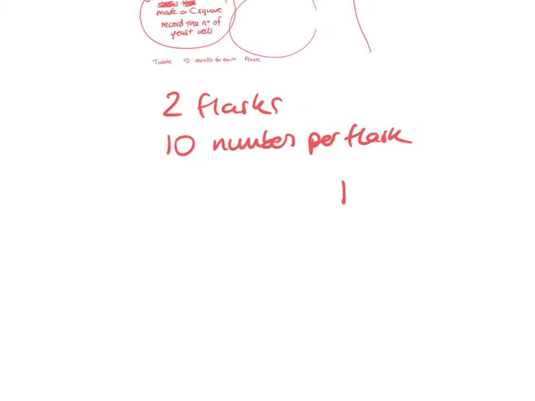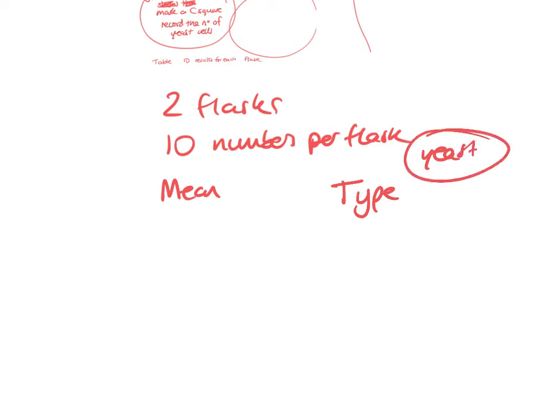You need a mean at the bottom, or average. Remember that you're counting the number of yeast, so yeast has to appear somewhere in your title, and it's type C squares of a haemocytometer.